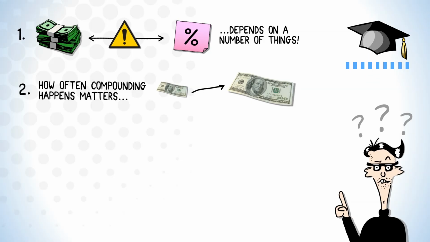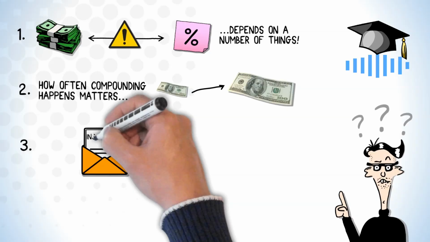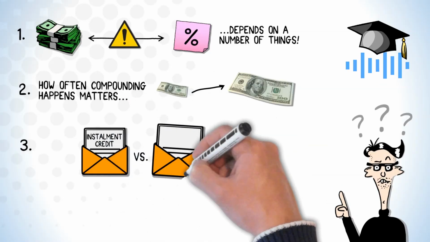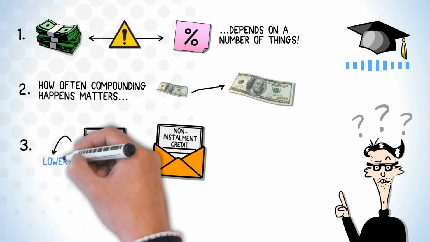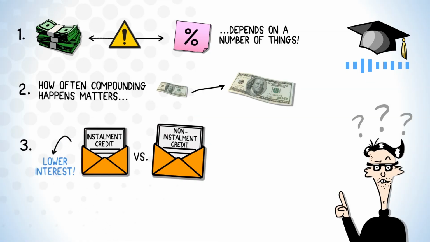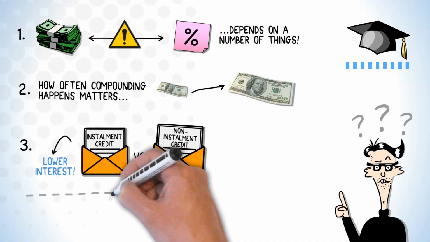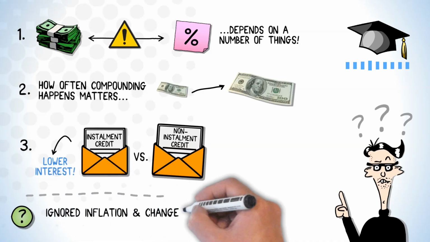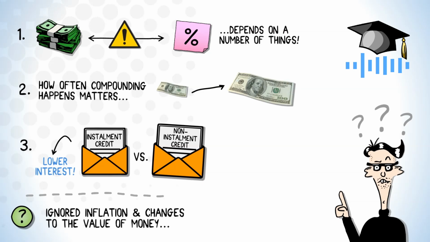Third, it really matters if a loan or investment is installment or non-installment credit. Chances are that the installment loan will have a far lower level of interest simply because the principal is paid back over time and interest can't build up as quickly. Other points to mention are perhaps that we've ignored inflation and we also haven't looked at any changes to the relative value of money over time.